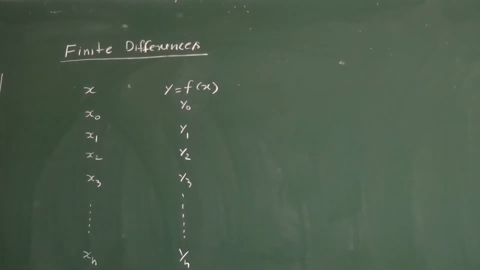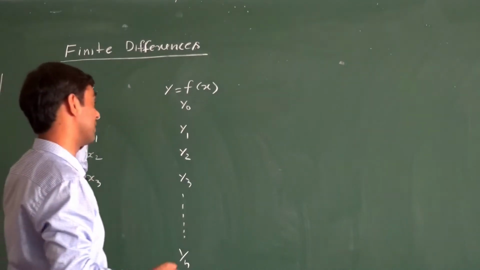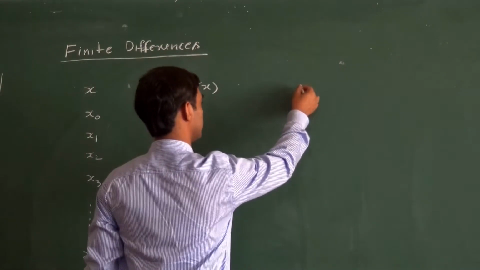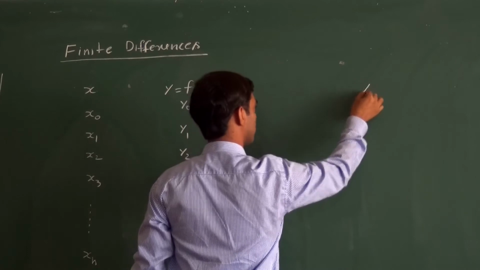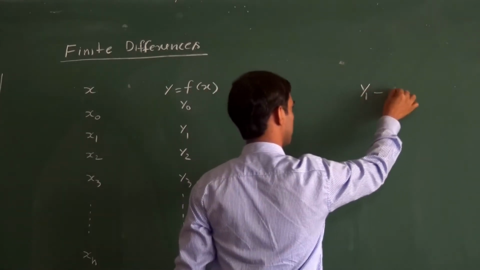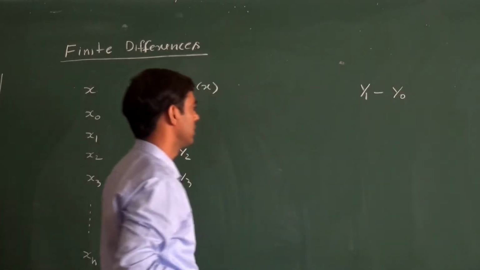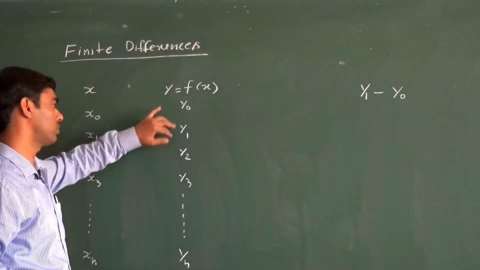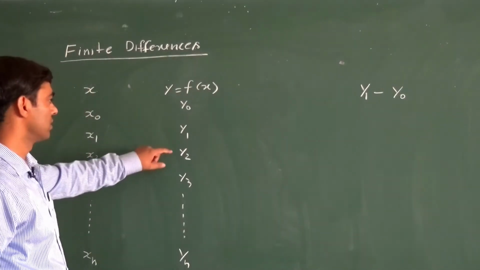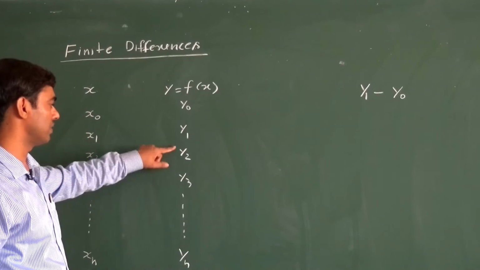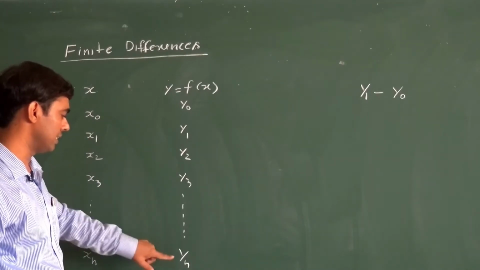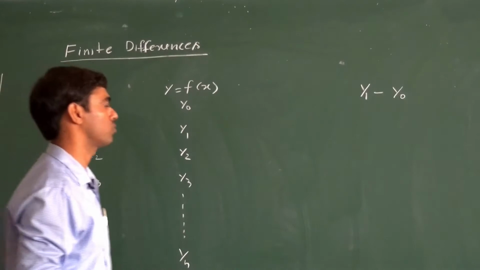Then obviously what is the difference of these two? Here we write y1 minus y0. This is the difference between two successive values. Similarly y2 minus y1, y3 minus y2, y4 minus y3, up to yn minus y(n-1).